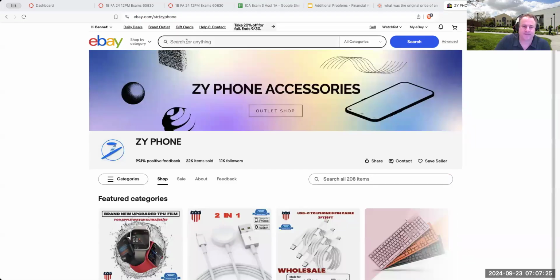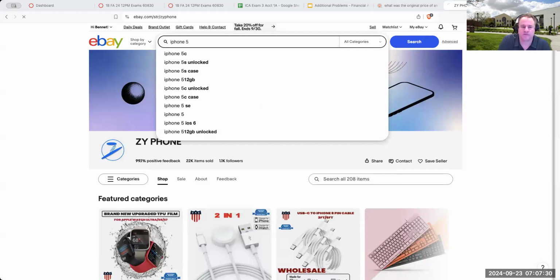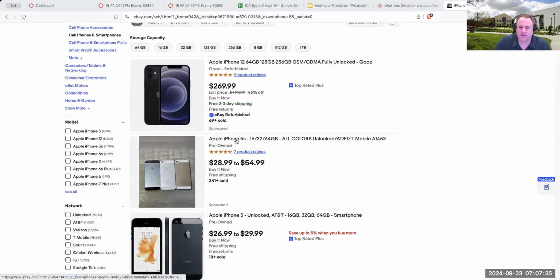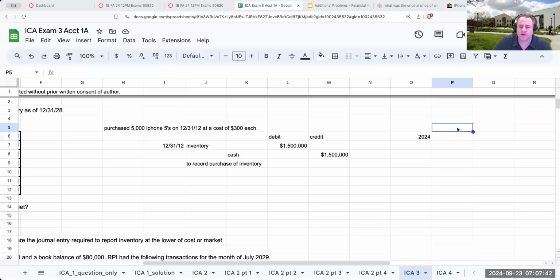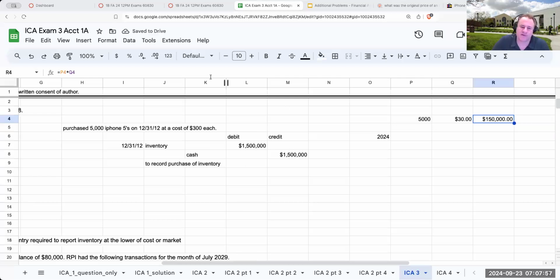If I go to eBay and look at pre-owned Apple iPhone 5s, we'll call it 30 bucks each. So the value of these iPhones is now $30 each. If I never sold one, I have 5,000 of these, and the value is now about 10% of what it was new.